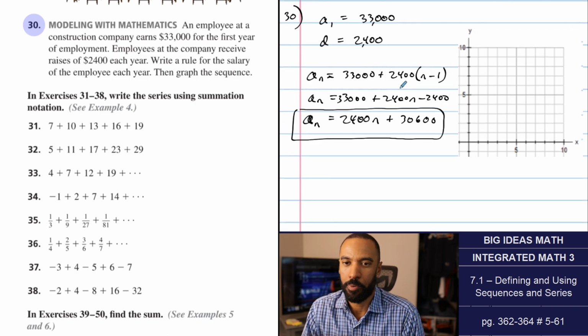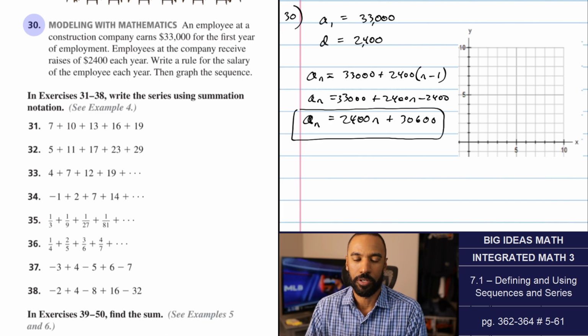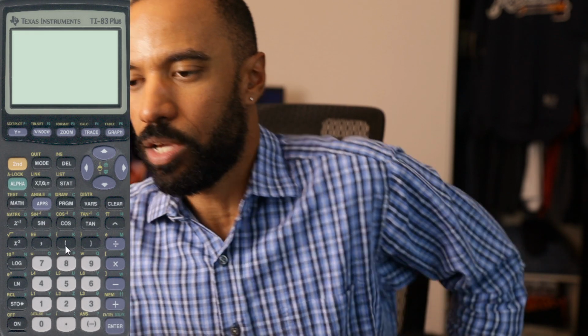You know what? Let's come up with what the numbers are, but I'm going to use the calculator for it. So check this out. Using the equation that we have, we'll do 2400x plus 30600. And let's just go to this table.